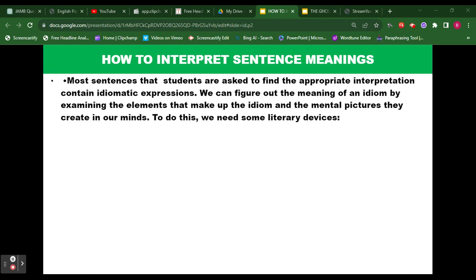We can figure out the meaning of an idiom by examining the elements that make up the idiom and the mental pictures they create in our minds. To do this, we need some literary devices such as the following: 1, metaphor; 2, imagery or images; and 3, symbolism. Let's examine these briefly one by one.